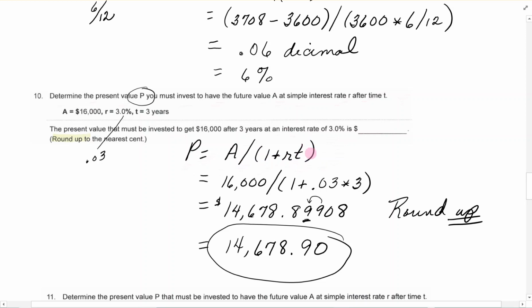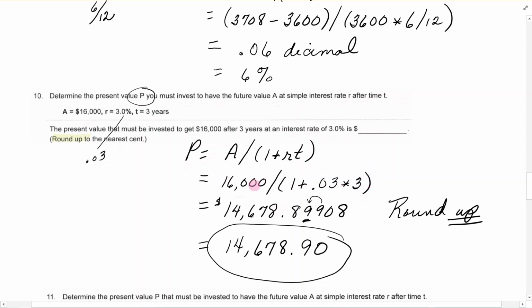All right, we have A. We have the interest rate 3%. To use it in the formula, we need 0.03. The time is 3 years. So I have 16,000 divided by (1 plus 0.03 times 3).